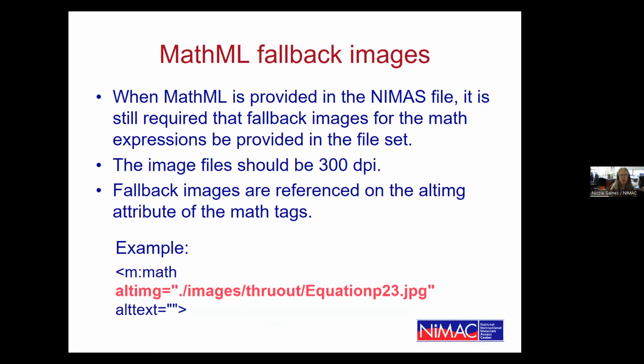And of course, that option is to continue to provide the images in the file set as well. The images should be 300 dpi, just as the rest of the images for the file set. And the way that you're going to reference those is on the alt image attribute of the math tags. And I just have a little sample tag here below where that file path is indicated in red.